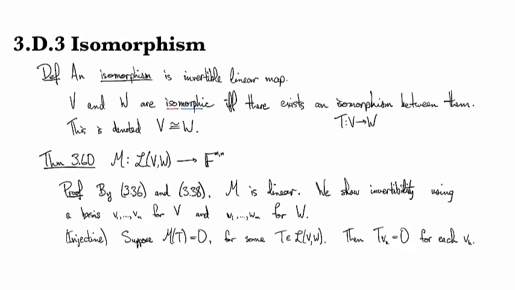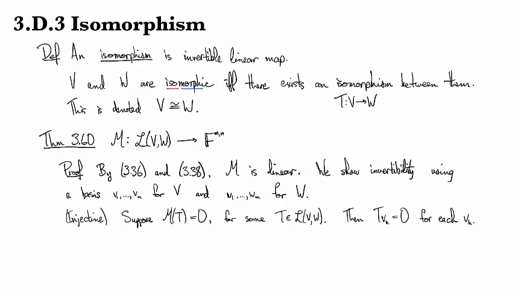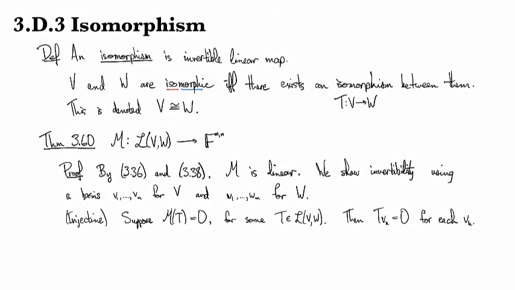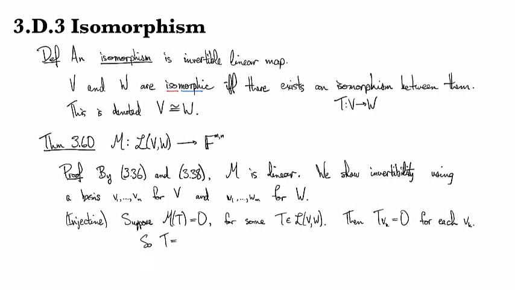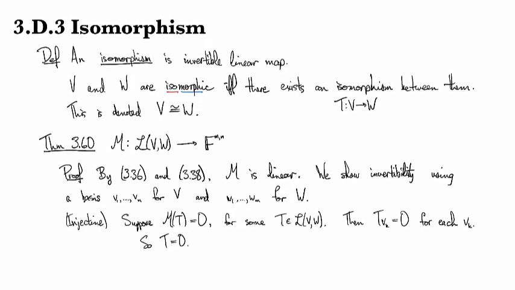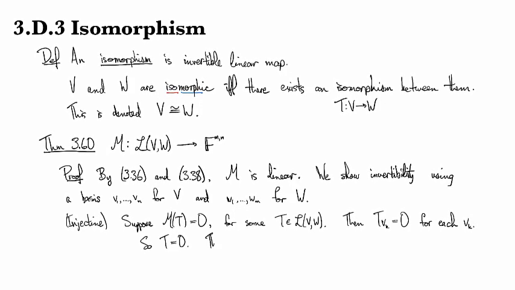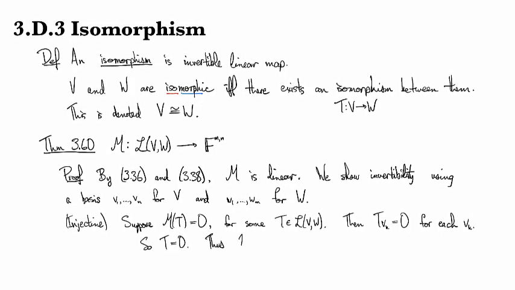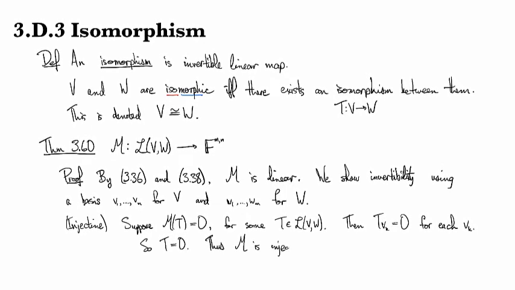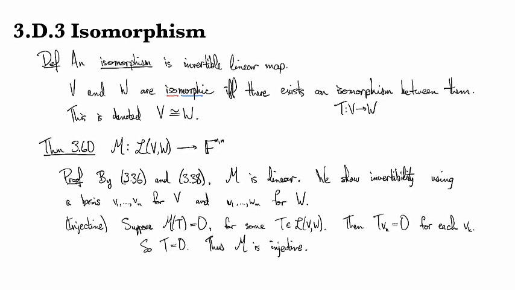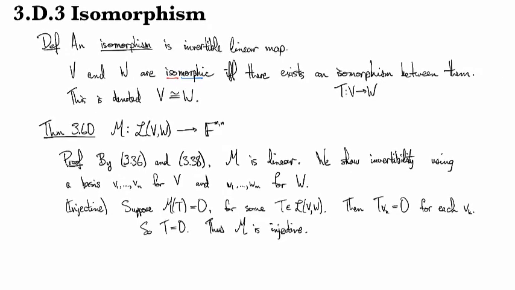And if a linear transformation sends the entire basis to 0, then it sends everything to 0, which means it's the 0 map. Okay, so M has a trivial null space, so it's injective.